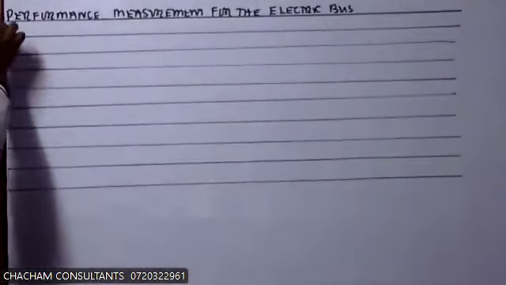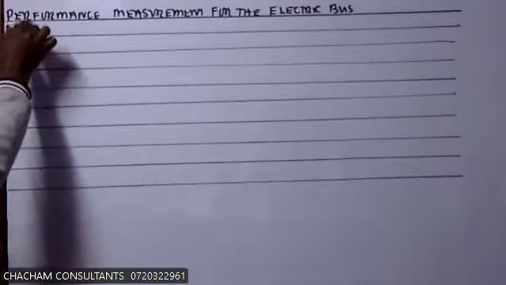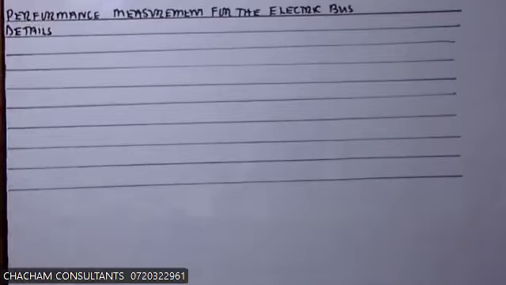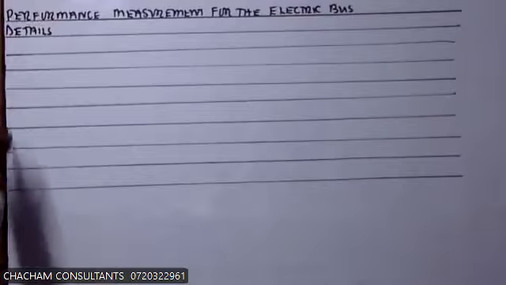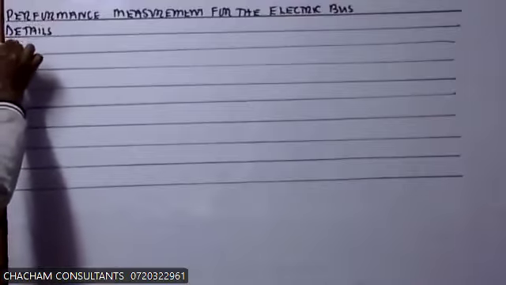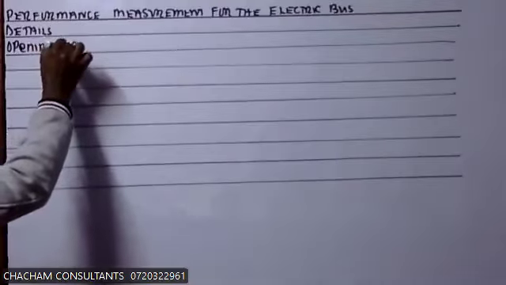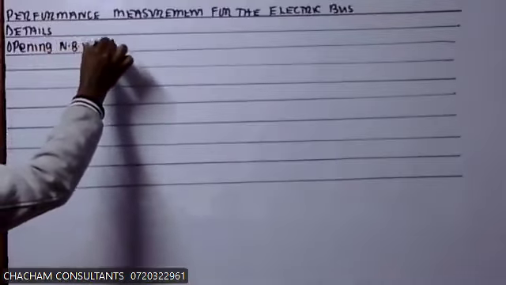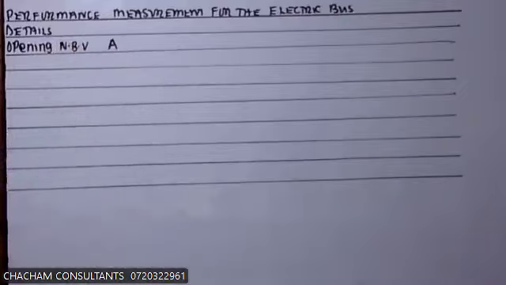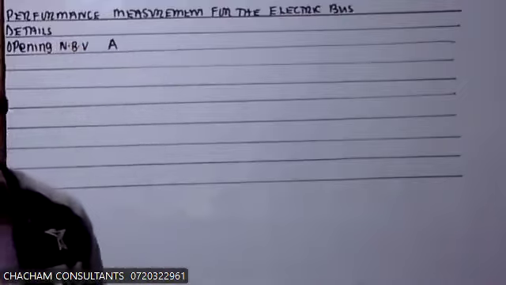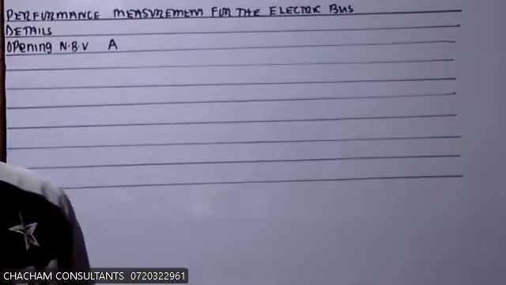So hapa tuko na details. Na huwa tunaanza na opening net book value, which we normally call A. It is the one that the examiner here is referring to as written down value.